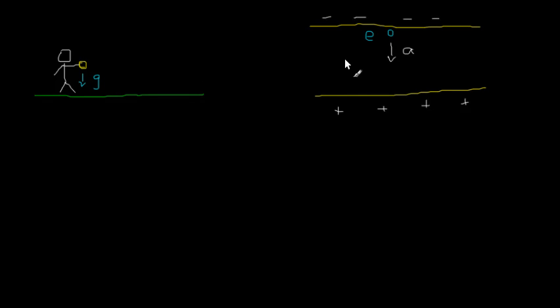In the same way, between two long parallel plates, the electric field is uniform, in the sense that anywhere between the two plates, the force on, say, an electron would be the same, whether the electron is here or there or there.